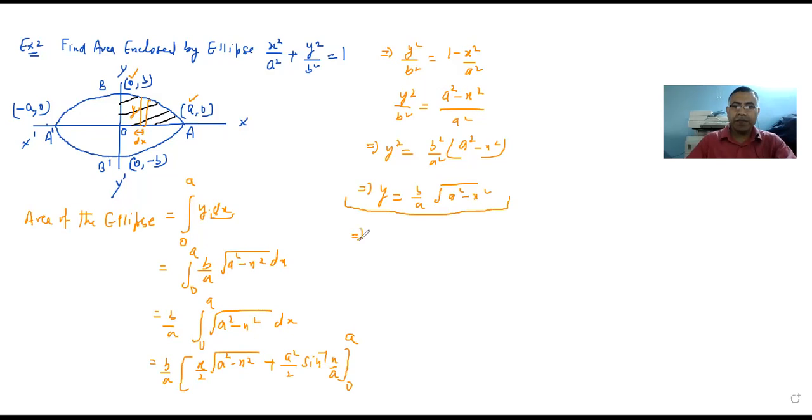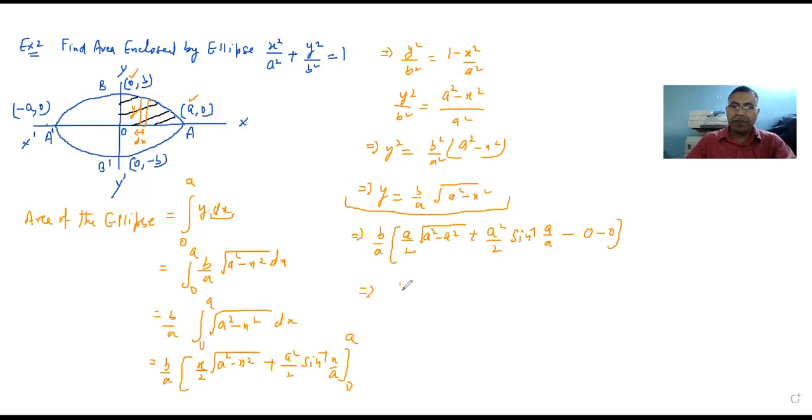Which implies b by a. Now, this is a by 2 under root a square minus a square, so it will become 0, plus a square upon 2 sine inverse a by a, minus 0. This is 0 and this is also 0 because sine inverse 0 is 0.